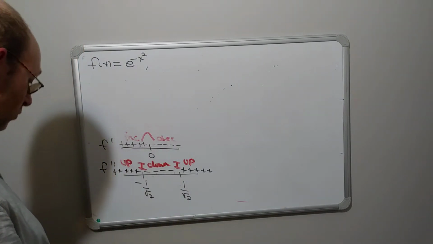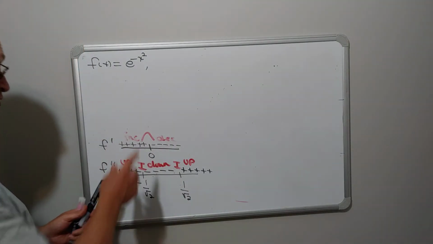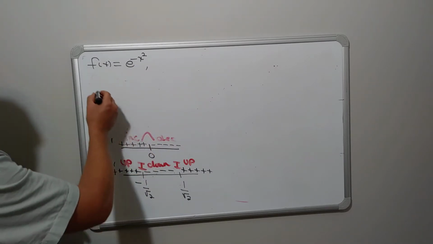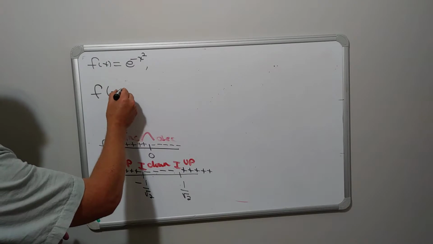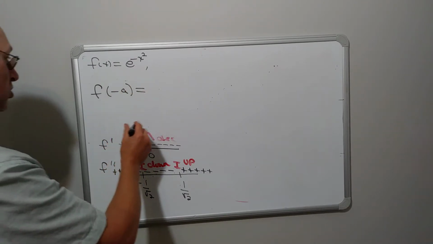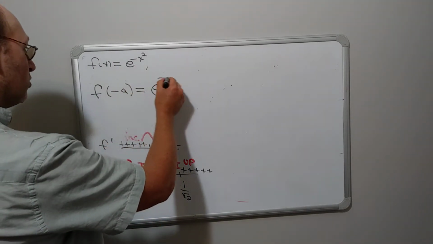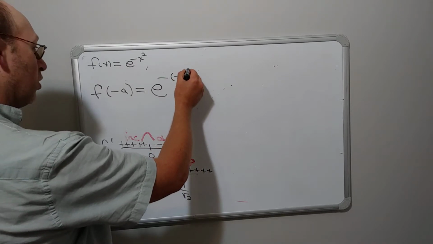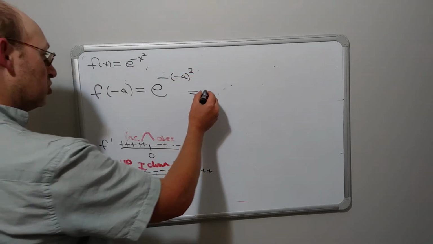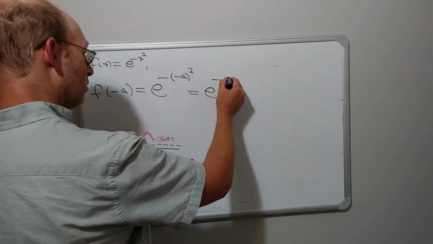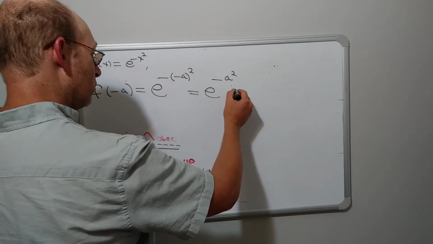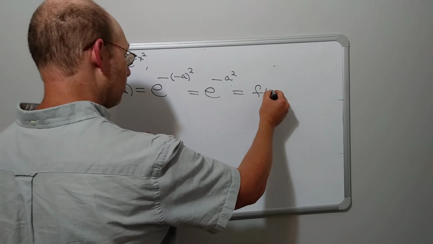So let's see. It's an even function because f of negative a is equal to e to the negative a quantity squared, which is equal to e to the negative a squared, which is equal to f of a.